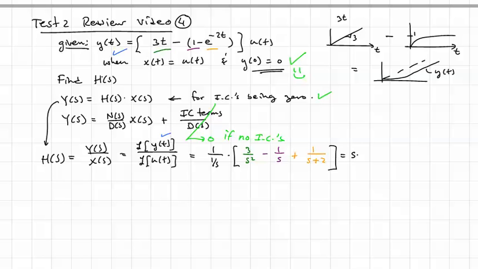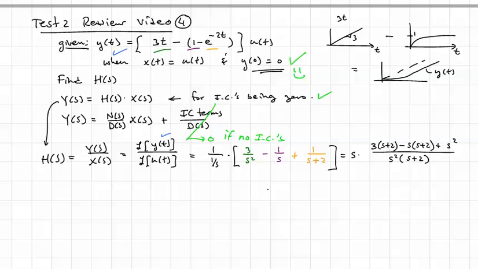So we'll have s times, and then we have, let's say, 3s times s plus 2 minus s times, take that back, the first term was wrong. We have 3 times s plus 2 minus s times s plus 2 plus s squared all over s squared times s plus 2.